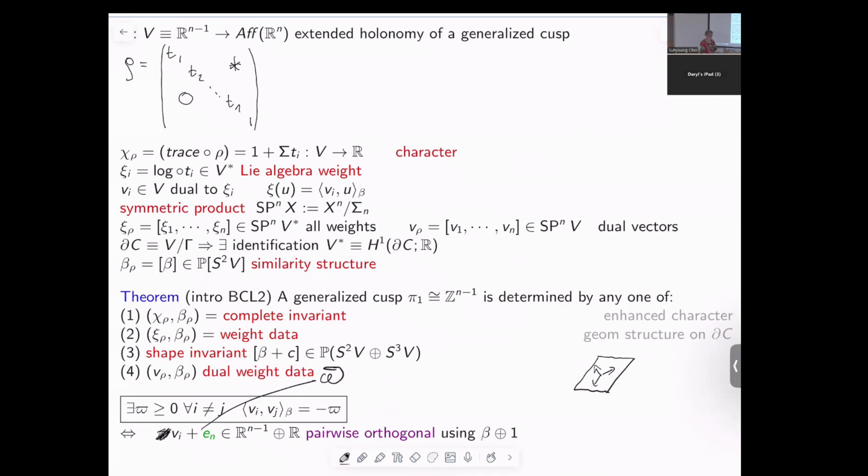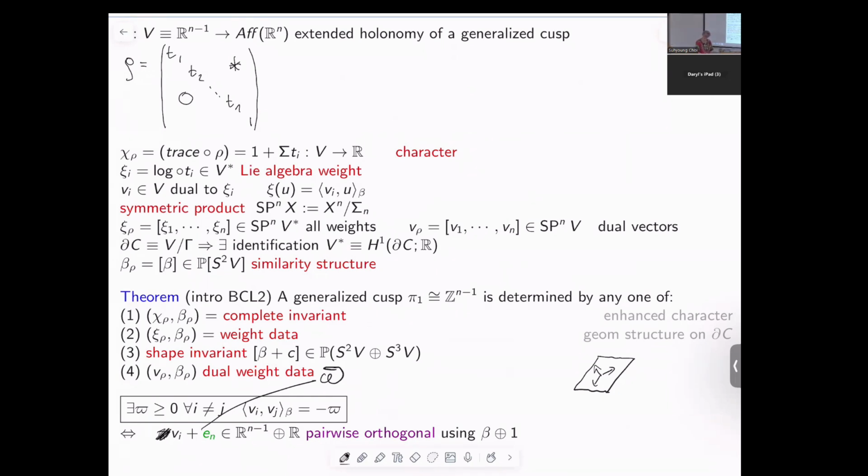Let me make a remark. A strictly convex projective structure on a closed surface is given by a conformal structure on the surface and a holomorphic cubic differential. This is a theorem of Hitchin.